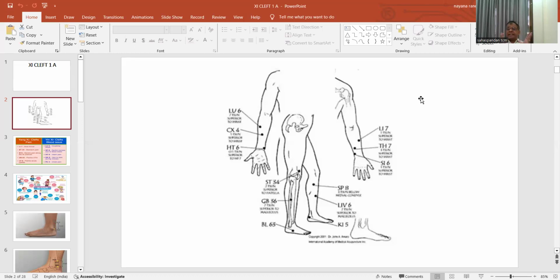What is Xi-cleft? Xi-cleft means gap, and this refers to the fact that the accumulation points are located in gaps where the chi of the channels gathers. When heavy rains come and stop, there are gaps on the road, and in those gaps water is gathered.